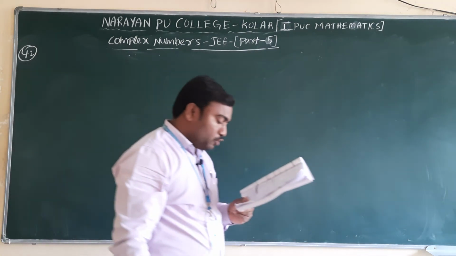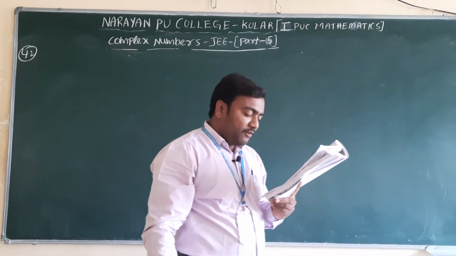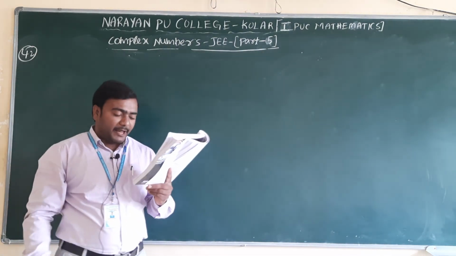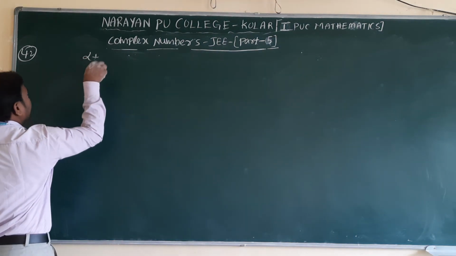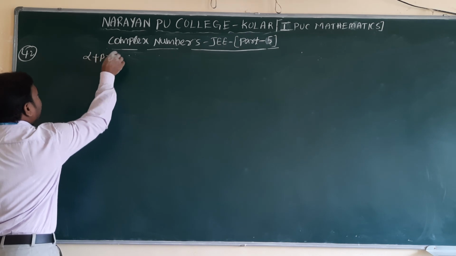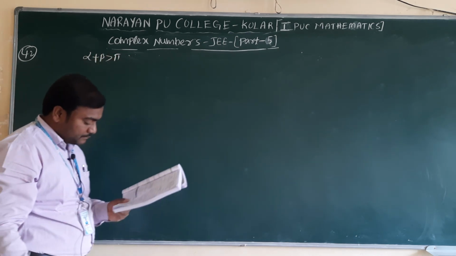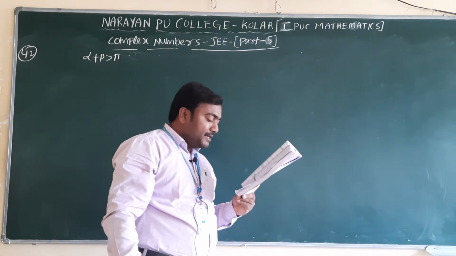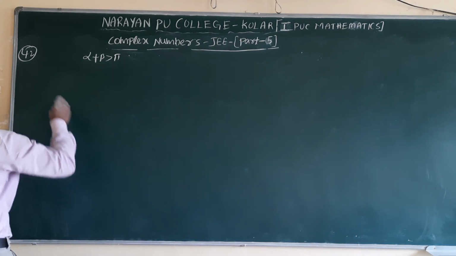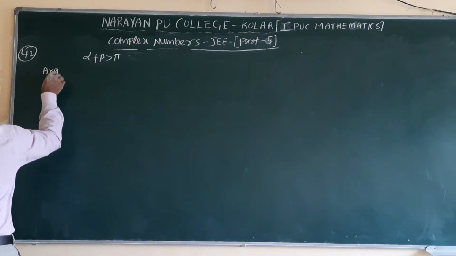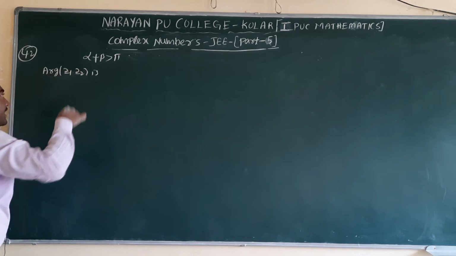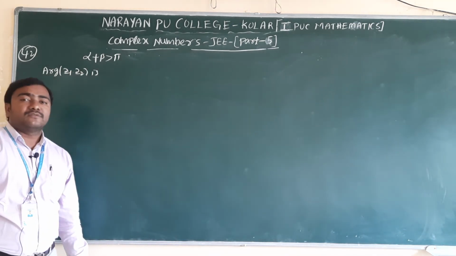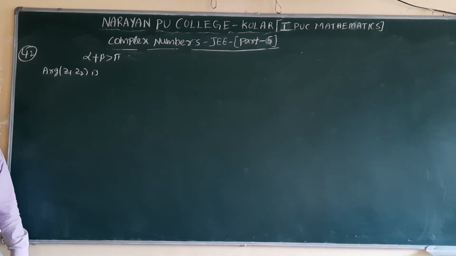Let Z1 and Z2 be two complex numbers with alpha and beta as their principal arguments such that alpha plus beta is greater than pi, then the principal argument of Z1 Z2 is... The condition is alpha plus beta is greater than pi.